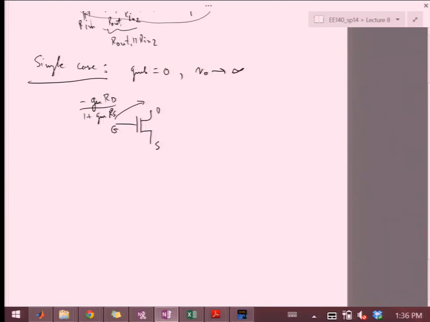If I go this way, then my gain will be GMRS over 1 plus GMRS. And that's why we say source follower or common drain, because I'm getting pretty much a unity gain, maybe a little bit less than that. And then going from source to drain, I'm going to get, to first order, just GMRD.